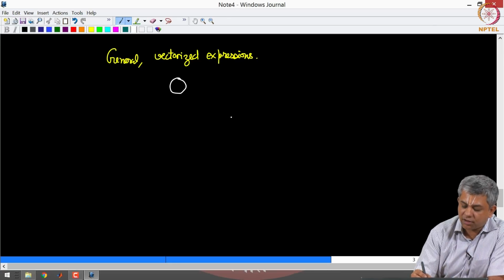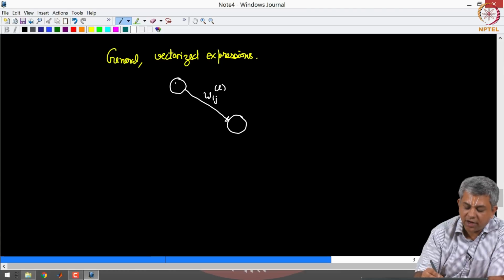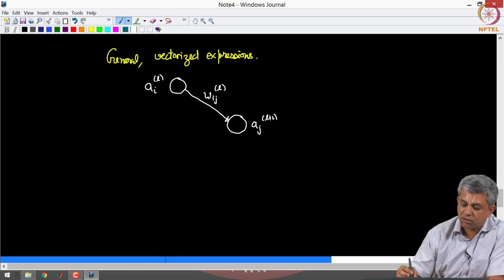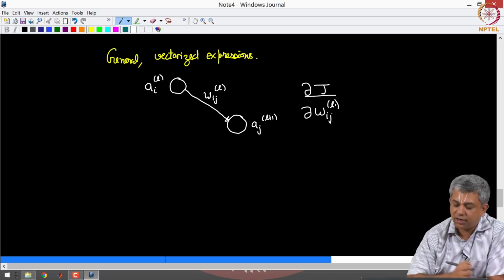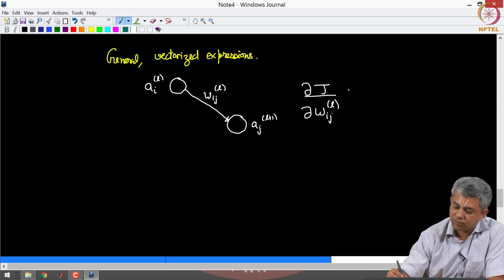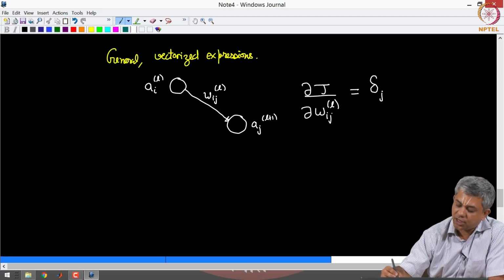If I take this case, you have the weight Wij connecting Ai L to Aj L plus 1. Then if you want del J del Wij L, this is equal to delta j L plus 1 multiplied by Ai L.